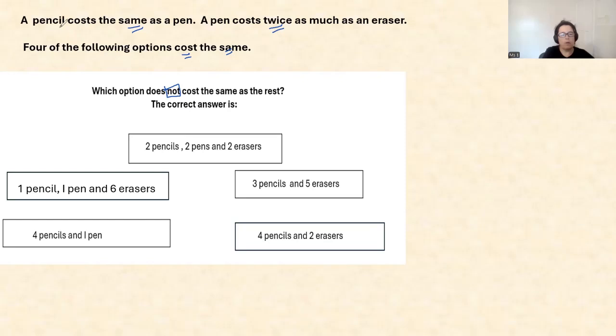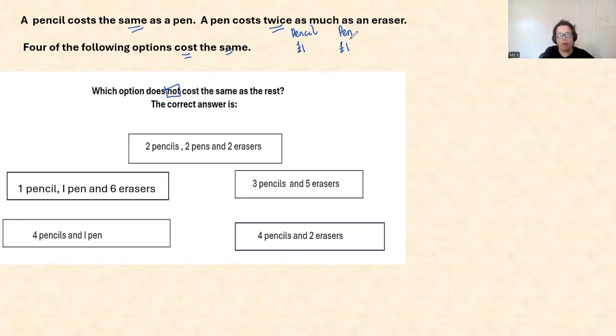We aren't told here how much the pencil, the eraser, or the pen costs. But if we put a value on it ourselves, if we said that a pencil costs £1, therefore, if the pen and pencil cost the same, we know that the pen costs £1.